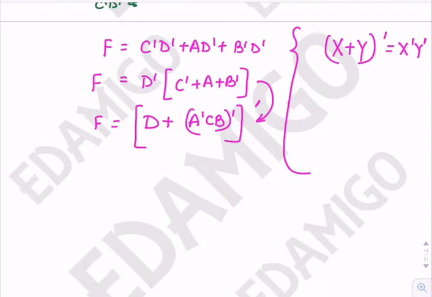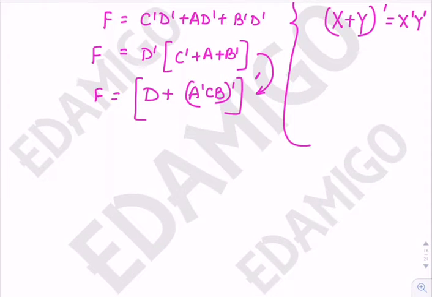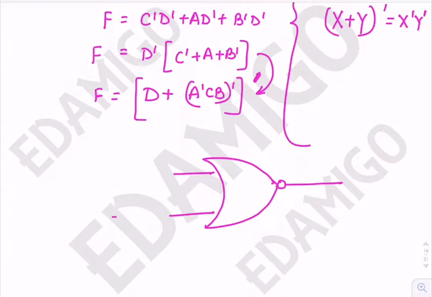Using the same property we get this. Now using two NOR gates we have to implement it. If this is the input D, and this input should be A bar C B bar, then the output will be (D plus A bar C B bar) whole complement.